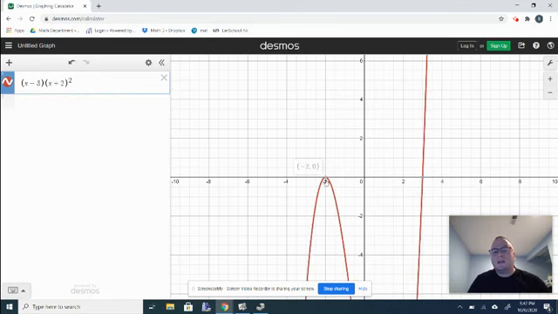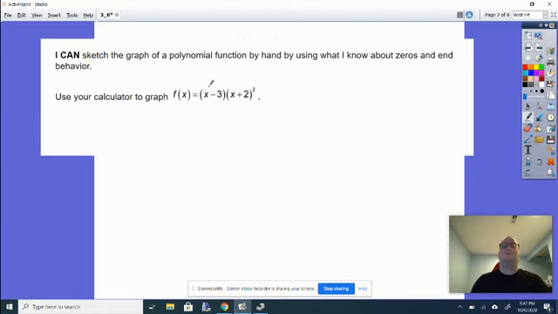What we're going to notice here is that it kind of touches at -2, and then it crosses at 3. My zeros of this function are 3 and -2. My x-intercepts are (-2, 0) and (3, 0). That comes from what we talked about last time in the factoring section when we were setting these things equal to 0. It comes from taking our factors and finding the zeros.